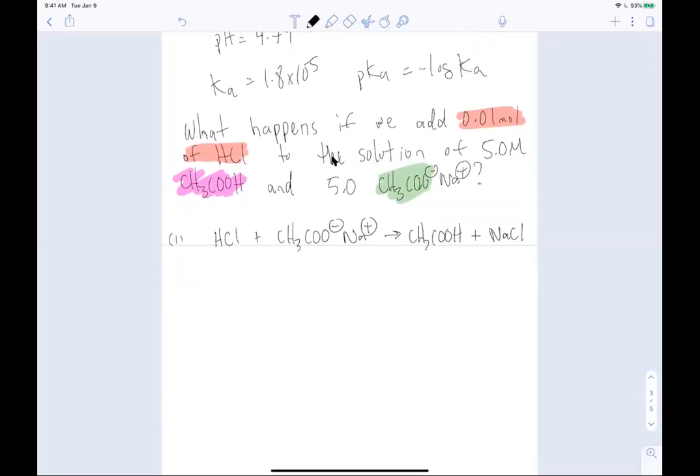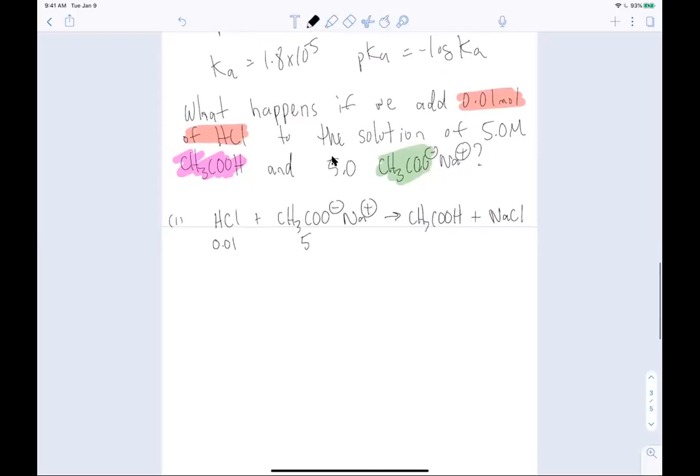And so what that's going to do is it's just going to consume a little tiny amount of our conjugate base. So at the beginning of this, we have 0.01 moles of HCl and 5 molar acetate.